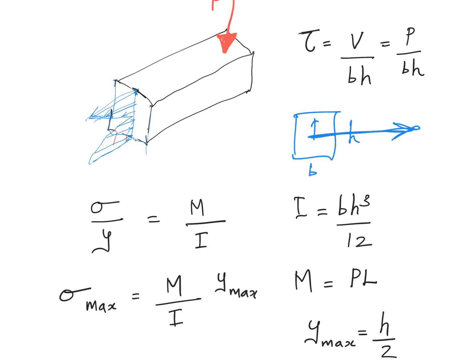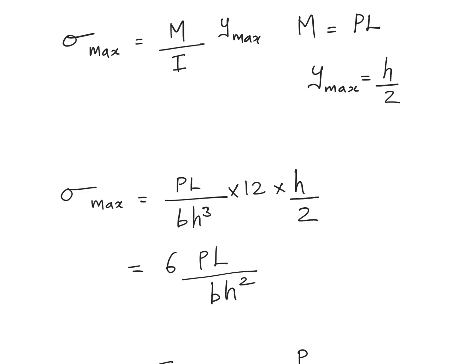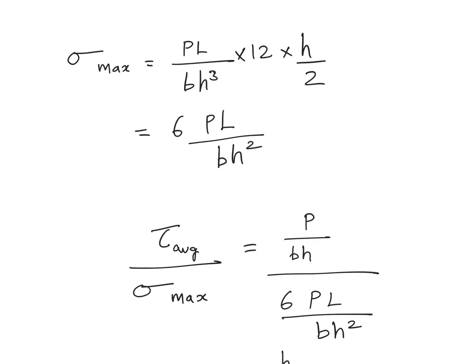Having done that, now it's just plug and chug. Once you plug in all the quantities, you will get this particular expression for the maximum bending stress, shown right over here. Now, in order to compare two quantities, the best thing to do is take the ratio of those two quantities.